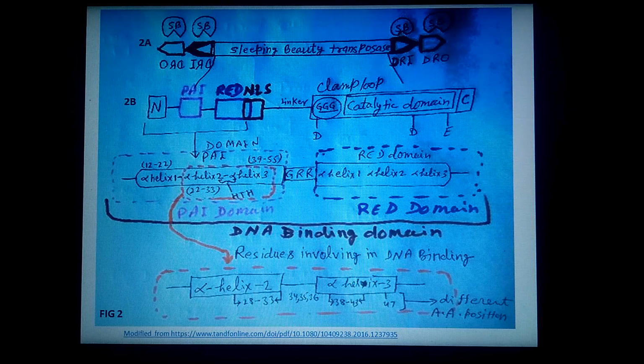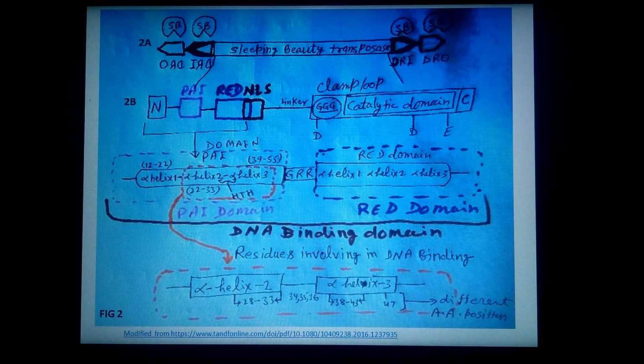This is the structure of the Sleeping Beauty transposase. The transposase contains an N-terminal DNA binding domain, DBD, a nuclear localizing signal, NLS, involved in nuclear transport, and a C-terminal catalytic domain, DDE, involved in the DNA cleavage and strand transfer reaction.